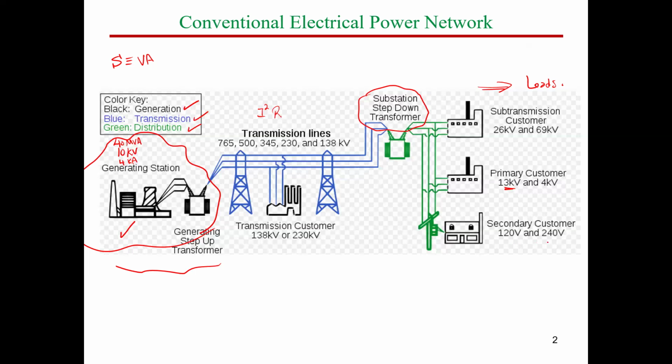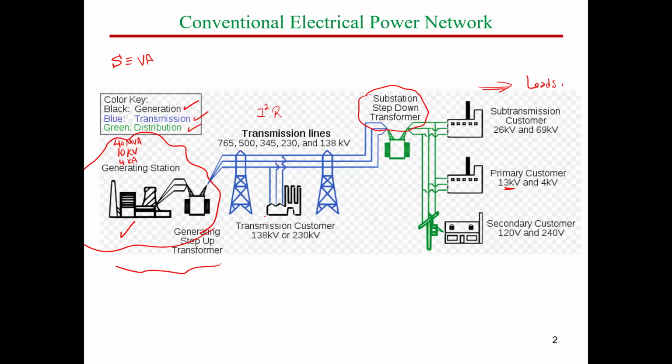But for air conditioners, relatively high power devices that could be more than 10 kVA, for instance, we prefer to supply these loads line to line, which is 240 volt. Okay, so this is going to be the last customer, or the lowest voltage we have in our network.